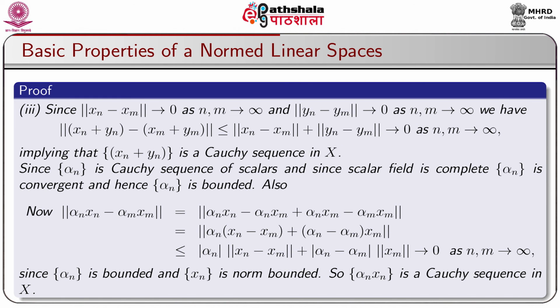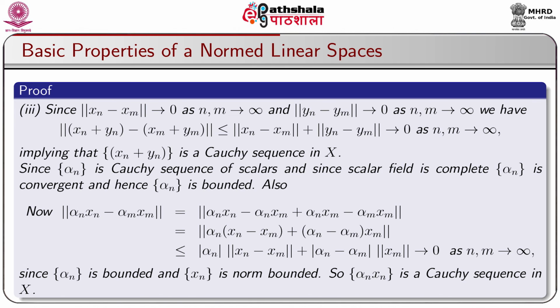For 3, since norm of xn minus xm tends to 0 as n, m tends to infinity, because xn is a Cauchy sequence which is given in our theorem, and norm of yn minus ym tends to 0 as n, m tends to infinity.